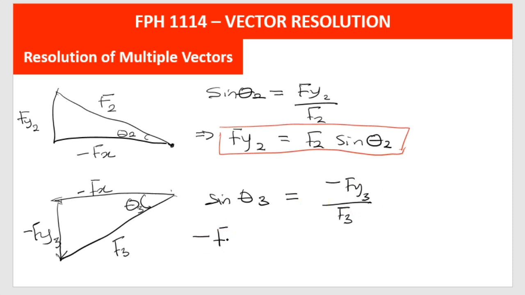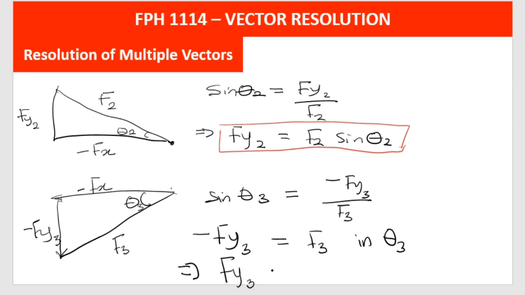So we have minus Fy3 to be equal to F3 sine theta 3. Automatically, by implication, Fy3 is equal to minus F3 sine theta 3, because of course, you know F3 is a resultant on the third quadrant.